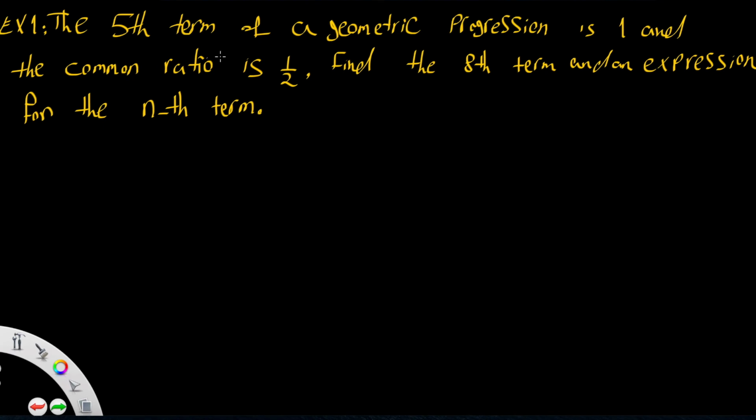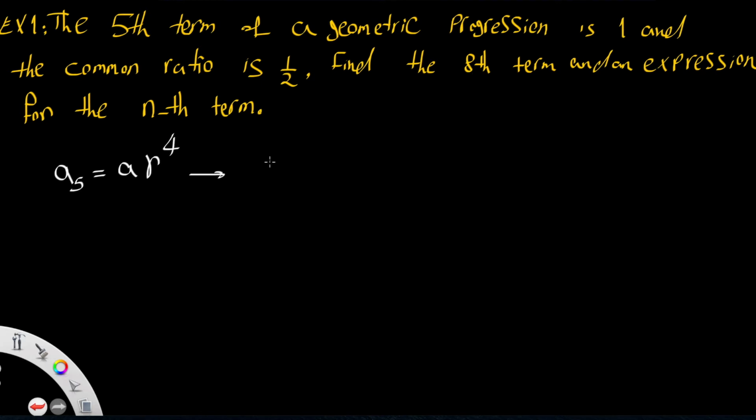Example 1. The fifth term of a geometric progression is 1 and the common ratio is a half. Find the eighth term and an expression for the nth term. As you see, the fifth term, which is a r to the power of 4, is equal to 1.